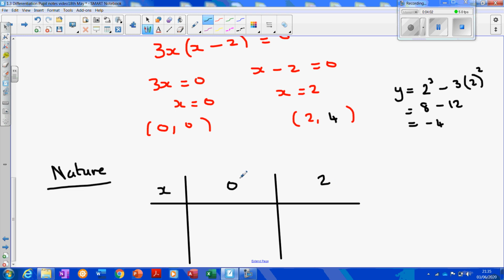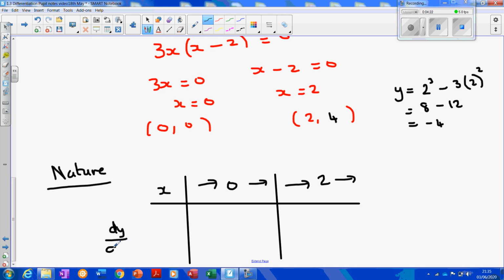Right, you're looking at the graph, 0 is to the left of the 2. Right, so we want to know what's happening before, what's happening after, what's happening before, and what's happening after. Right, now we need to put in dy by dx to find out what the value is, whether it's positive or negative for the stationary point.